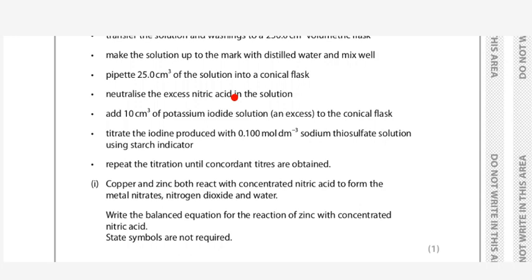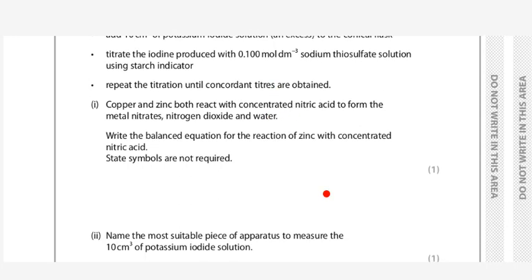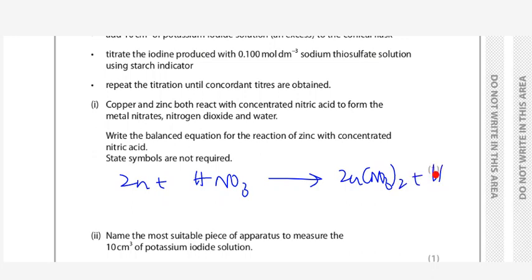Copper and zinc both react with concentrated nitric acid to form metal nitrates, nitrogen dioxide, and water. Write the balanced equation for the reaction of zinc with concentrated nitric acid. State symbols not required. So this is a normal acid-metal reaction, which gives salt and hydrogen gas.